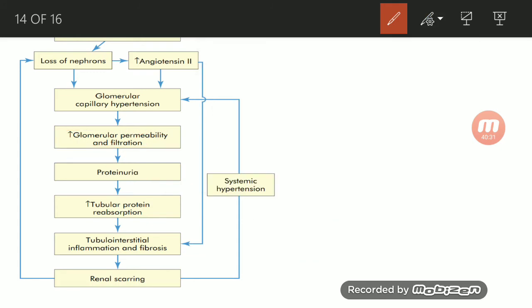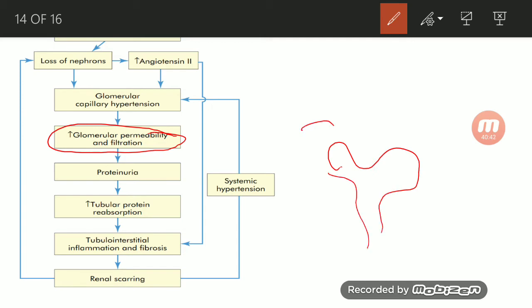I'll repeat it once again. You have increased permeability in your glomerulus as well as increased filtration. So this is your glomerulus, your blood. There's increased filtration taking place, which means along with your blood, your proteins are going to escape as well. So increased proteins means there's going to be increased tubular reabsorption.